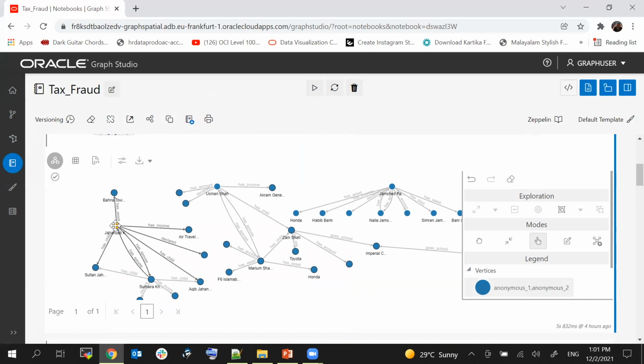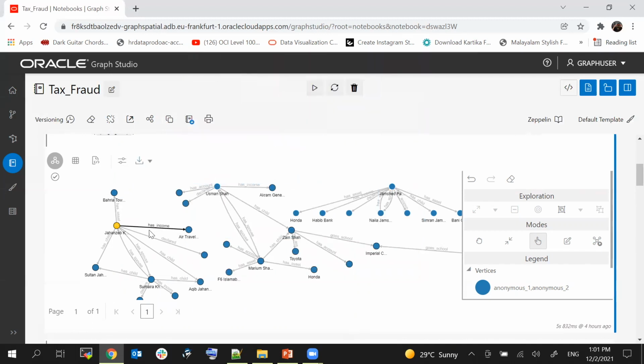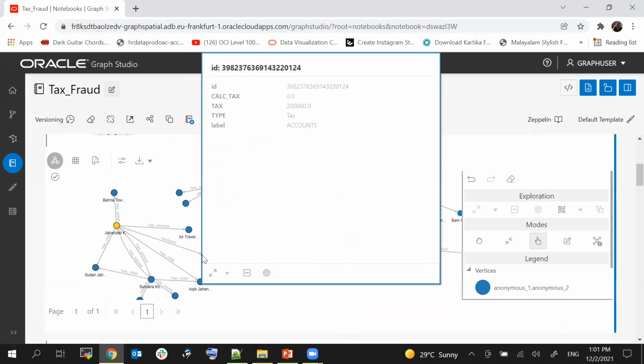And then we can look into more detail. So it says the person is working in the air travel industry, and he is making a huge income for which he has paid a huge amount of tax as well. And we can see the declared amount as well. So we can categorize the information of how much he has paid.